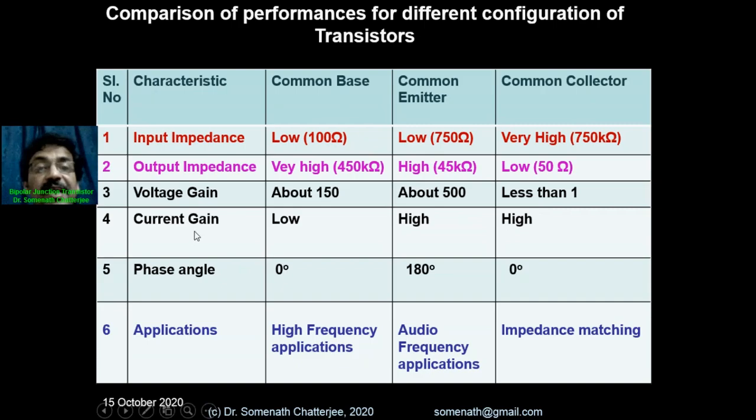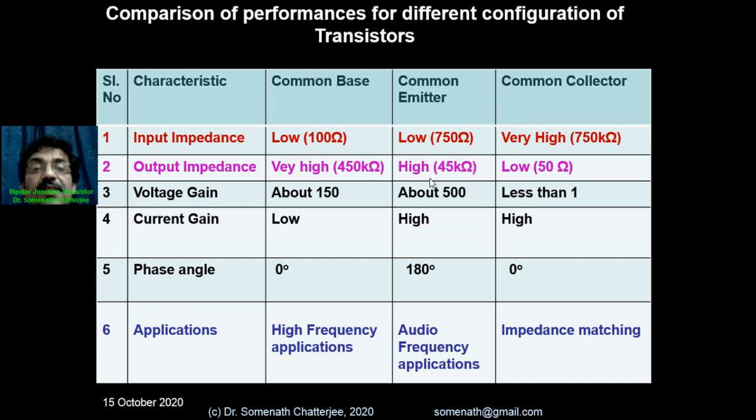Now if you see the voltage gain, which is related to amplification, for common collector it is very low, so we cannot use the common collector configuration for amplification. For common emitter it is maximum, so we can use it for amplification, like the audio amplifier we have seen; there we generally use the common emitter configuration.